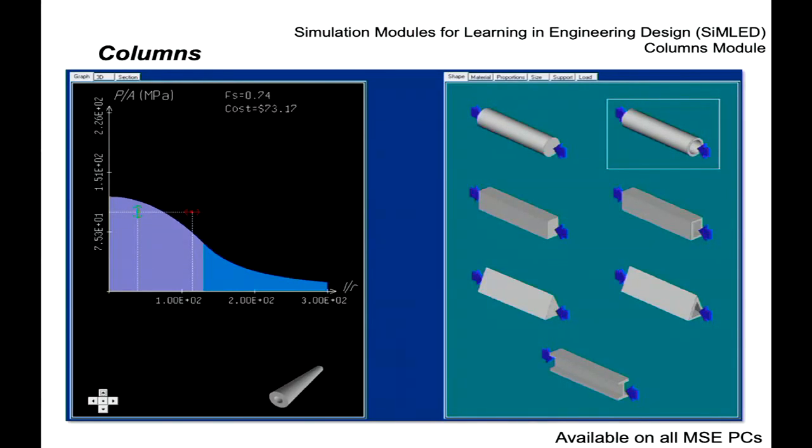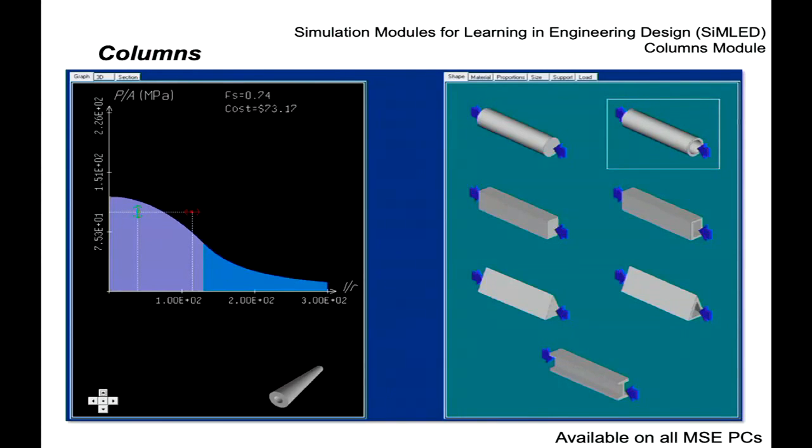You can play around with proportions to see what effect that has. You can't really see it well, but there's a little green half arrow and a little red half arrow, so that when we've got asymmetric systems with non-symmetric end fixation, they move apart, and it helps with the idea of in which way a column is going to fail.